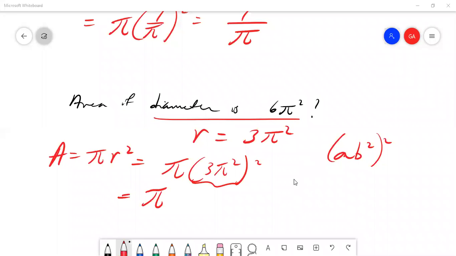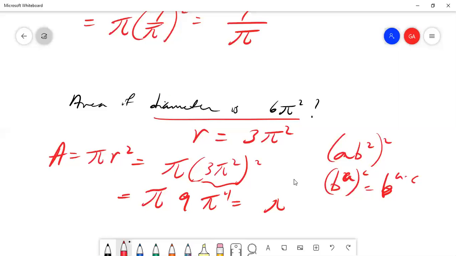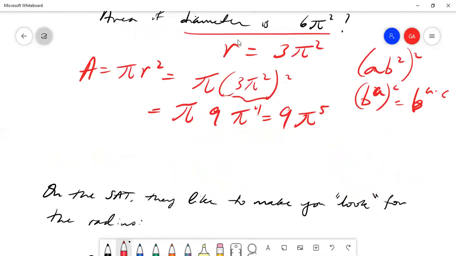Yeah, so 3 squared is 9, and then pi, generally b to the a to the c is b to the a times c, and indeed 2 times 2 is 4. So 9 times pi to the 2 times 2, which is 4. And so you can write this as 9 pi to the 4th. Good. So you should be able to sort of manipulate your way around.